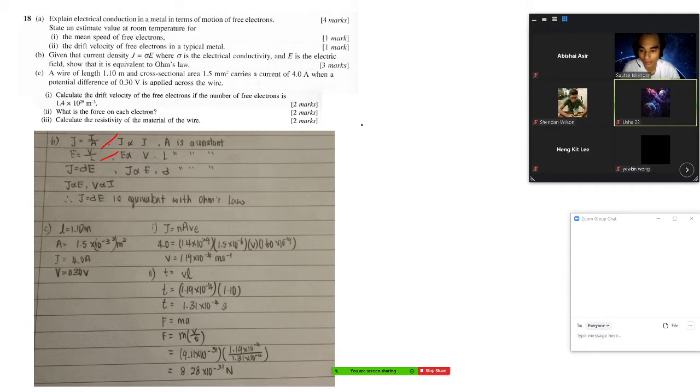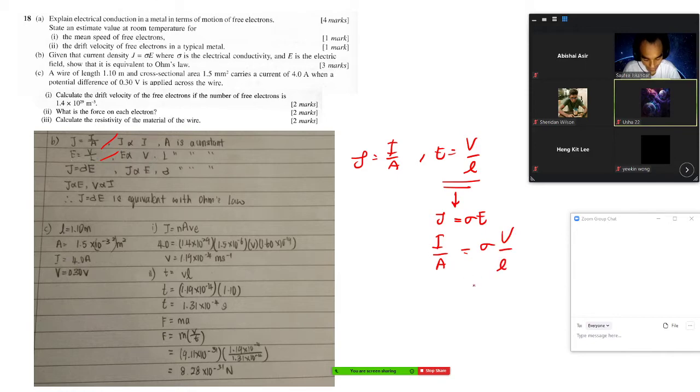Okay, let's try another method. J equals I over A, and E equals V over L. Substitute this into J equals sigma E. So you have I over A equals sigma V over L, and V over I, that is Ohm's law, V over I equals L over sigma A, and this will be a constant.